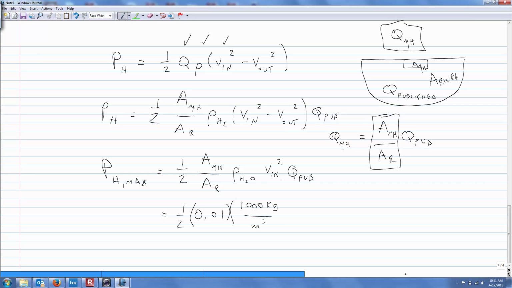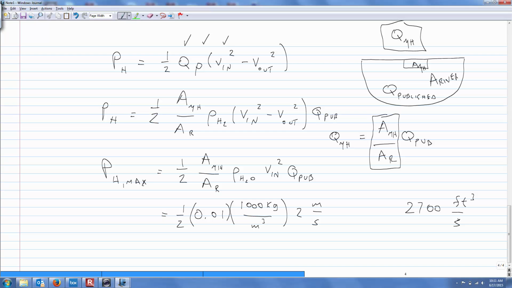And I don't know, what's a reasonable velocity? Maybe 2 meters per second? Yeah, let's just go with 2 meters per second. And then what's a reasonable volumetric flow rate? Right now it's like 2,700 cubic feet per second. Is that right? Okay, that sounds about right. 2,700 feet cubed per second.